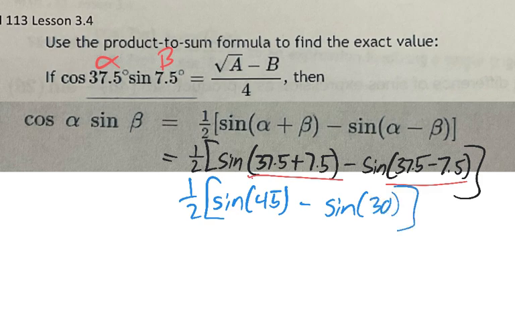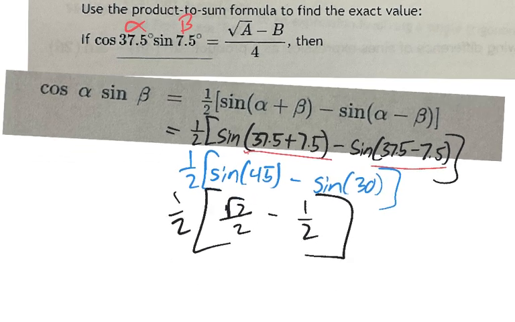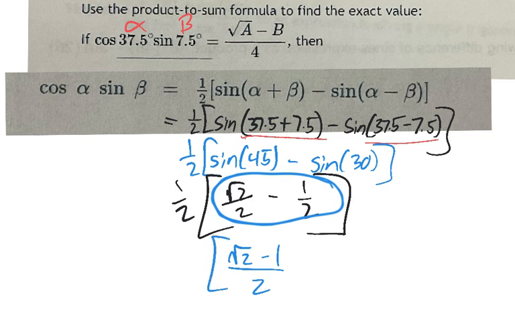Now, sine of 45 is radical 2 over 2. Sine of 30 is a half. And this is being multiplied by a half. These already have a common denominator, so subtracting fractions, I can write that as a single fraction: radical 2 minus 1 over 2, times a half.